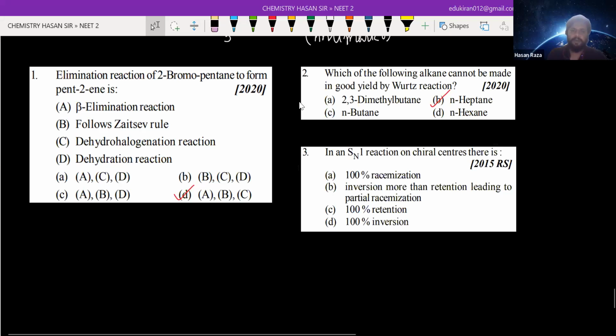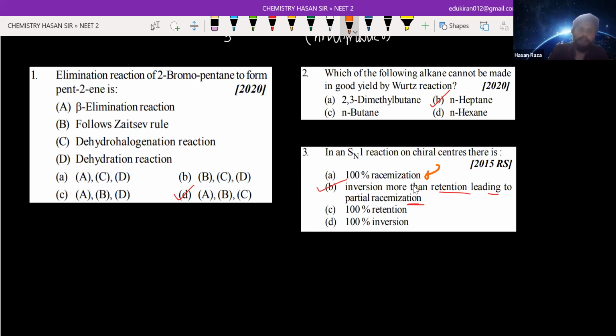So it cannot be basically 100% racemization. You cannot say it is truly correct. So the answer for this question will be partial racemization, with inversion more than retention. Partial racemization will be there if there is any bulky group or something like that. So we cannot say that for every reaction there will be 100% racemization.